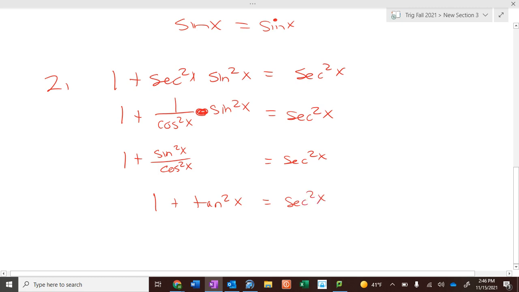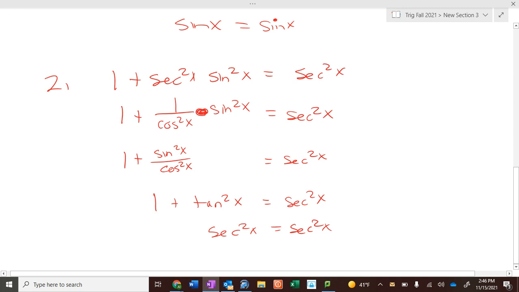Sine squared over cosine squared is tangent squared. And then, what's 1 plus tangent squared the same as? Secant squared of x. This is how to write out a trig identity.